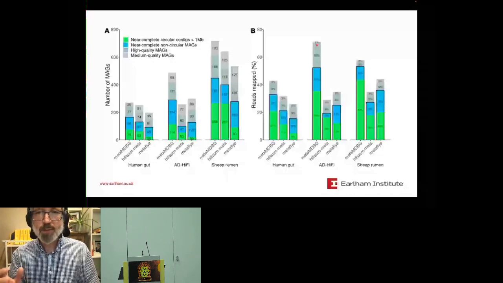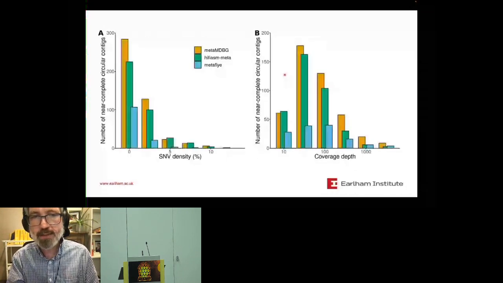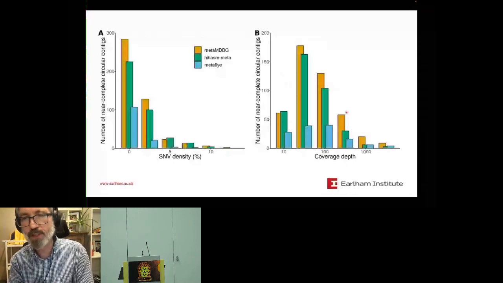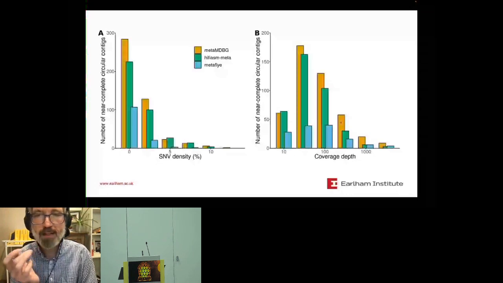So why did we do so well in terms of reads mapping? It's because we were doing a better job of assembling high coverage organisms. That's what I'm showing here. So this is the coverage depths of MAGs obtained by the 3 different assemblers. So with MetaMDBG, we're able to get more high coverage MAGs. And I think it has to do with the fact that we're effectively operating at a lower resolution.